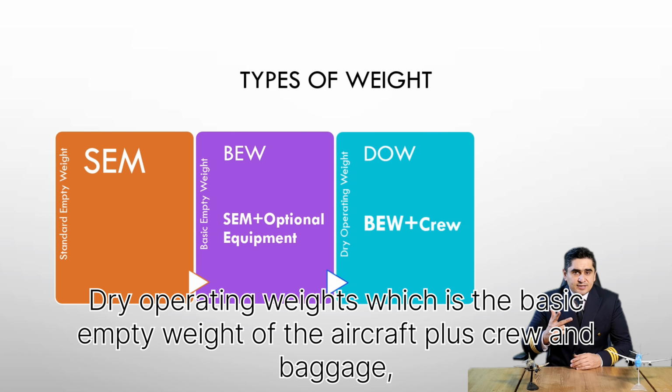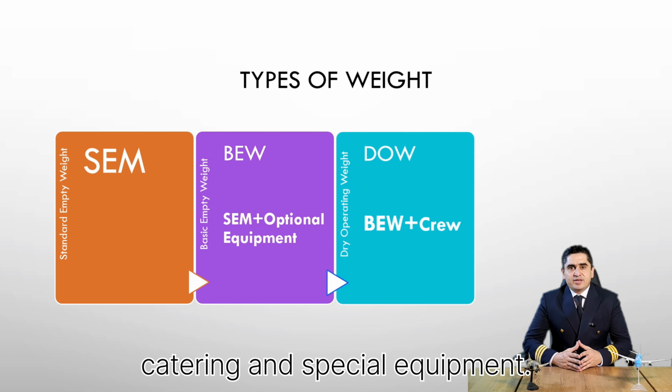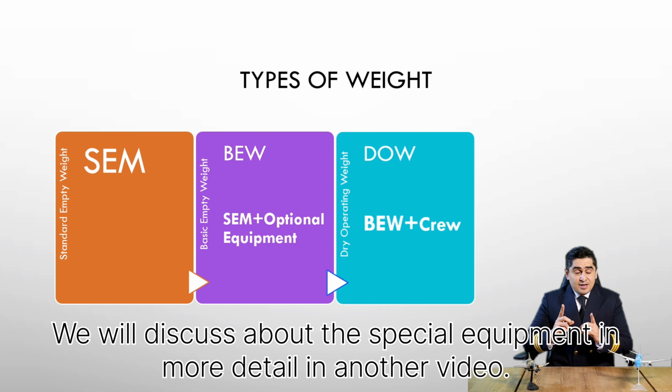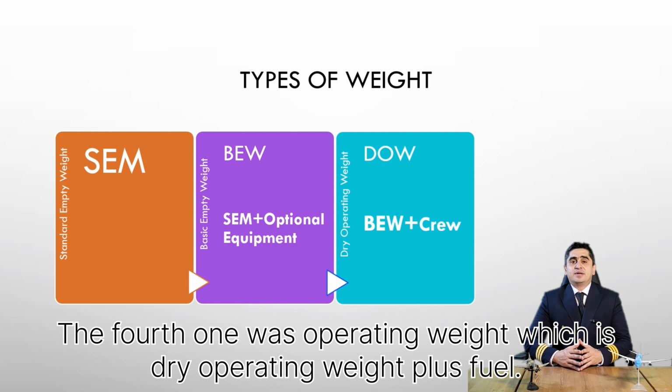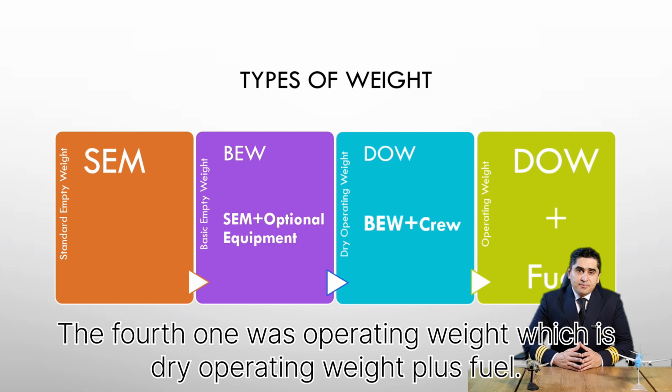Dry operating weight, which is the basic empty weight of the aircraft plus crew and their baggage, catering, and special equipment. We will discuss the special equipment in more detail in another video. And the 4th one was operating weight, which is dry operating weight plus fuel.